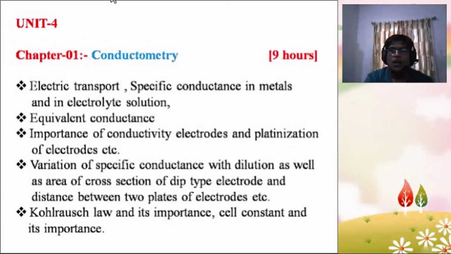Unit 4, Chapter 1, Conductometry. The students will be able to find out electric transport, specific conductance in metals and electrolyte solution, equivalent conductance, importance of conductivity electrodes and platinization of electrodes, variation of specific conductance with dilution, as well as the area of cross section of dip type electrode and distance between two plates of electrodes.